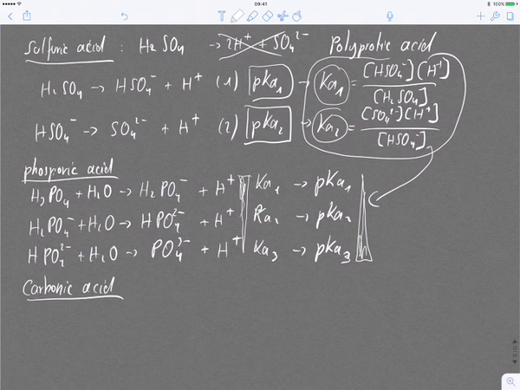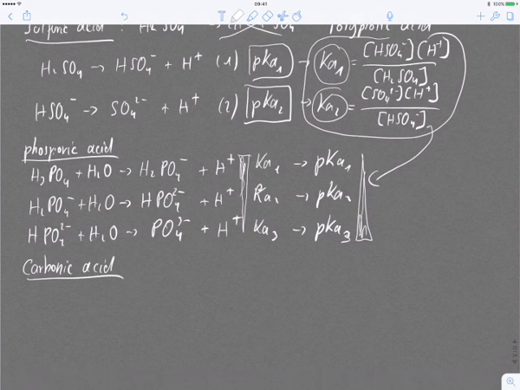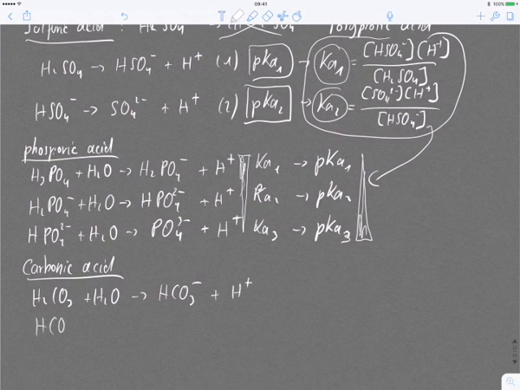Very important acid with the H2CO3 plus water will give you the HCO3 minus, we call that bicarbonate, plus H plus, and the bicarbonate will then dissociate into carbonate and H plus, with a Ka1 and a Ka2.